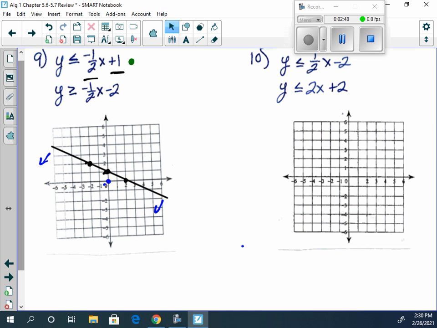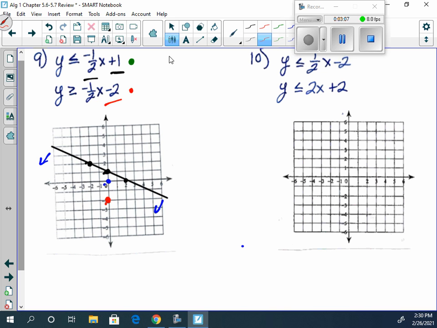Let's graph the other equation. y is greater than negative 1/2 x minus 2. The y-intercept is at negative 2, so we'll put a point at negative 2.